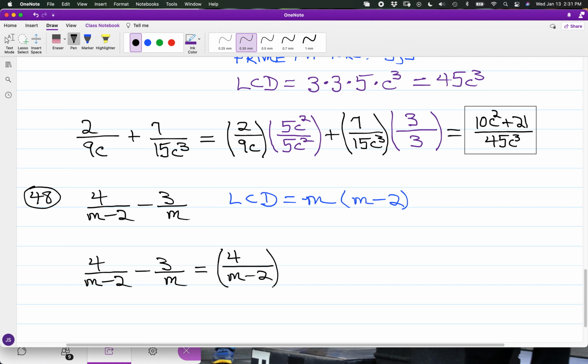So you have 4 over m minus 2. Now we have the m minus 2 portion of the least common denominator, but we're missing the m. Then we have minus 3 over m.